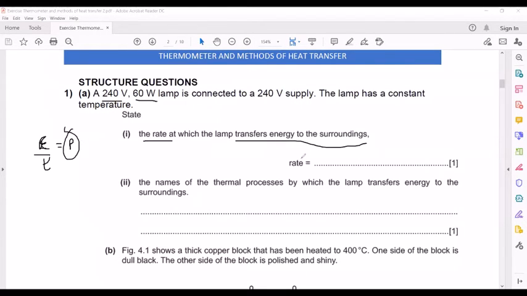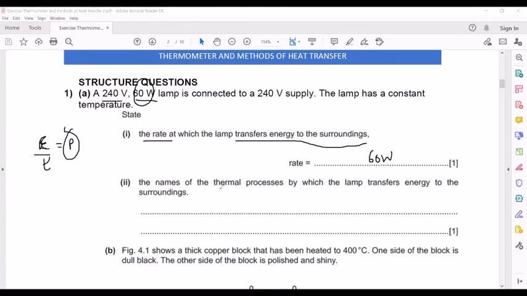So what is the power given in the question? The power is given as 60 watts, so you write 60 watts.